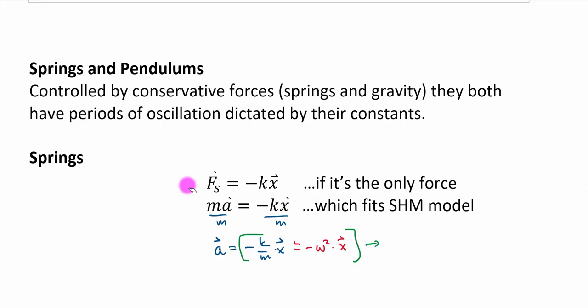We'd have omega squared is equal to k over m. And if we remember back to our circular motion stuff, angular frequency or angular velocity was 2 pi over the period. So we can say that 2 pi over period squared is equal to k over m.